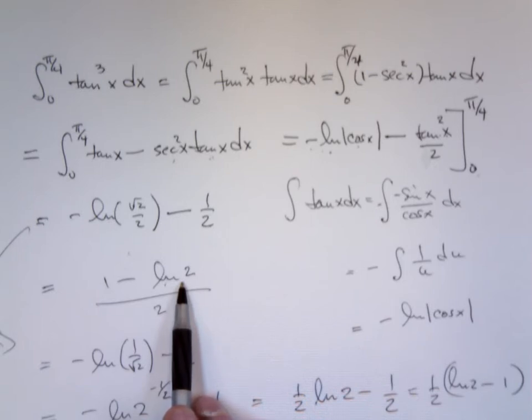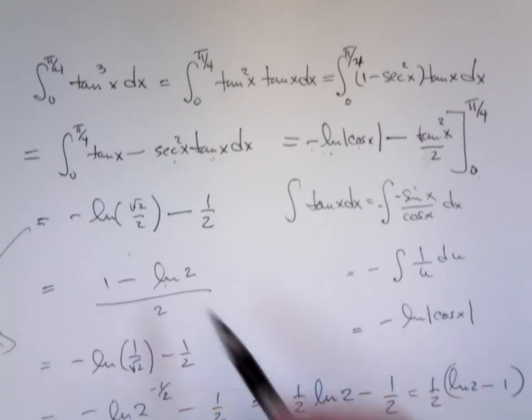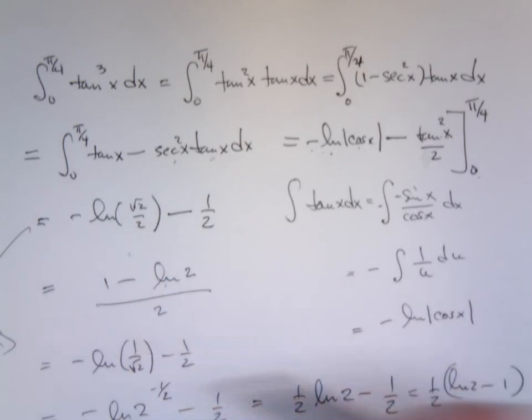Natural log of 2 is 0.69, so you get a positive number. I get the negative. It is a positive number, so I think you are right. Hold on a second. 1 over square root of 2 is 2 to the negative 1/2. Bring the negative 1/2 out. You get 1/2 minus that.